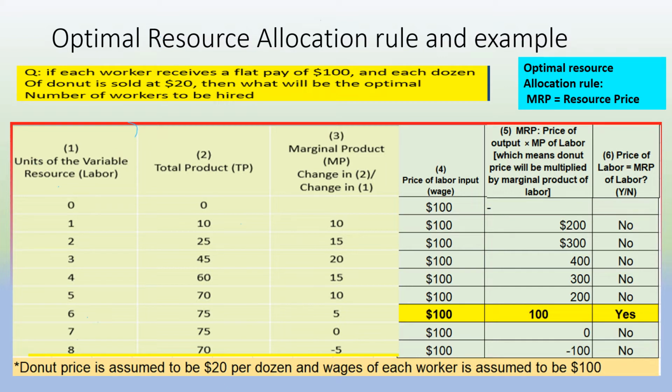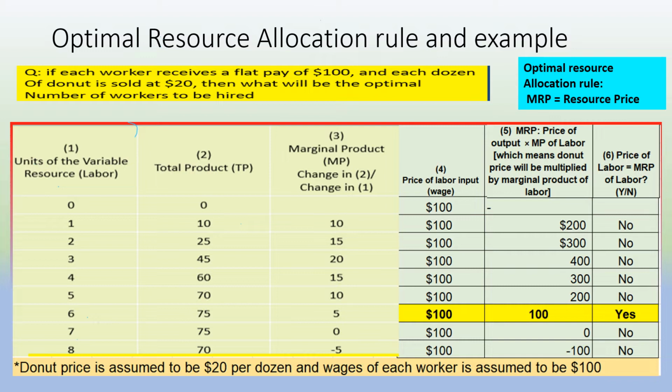Now we come back quickly to go over all those 6 columns one by one. Column 1 presents the data about the input being employed. So workers can be hired: 0 workers, 1 worker, 2 workers, 3, 4, 5, 6, 7, 8, etc. Column number 2 is measuring total product, the contribution of the employed resources up to that point.